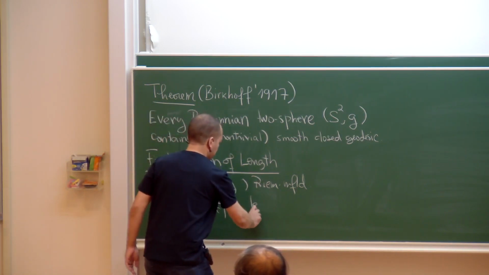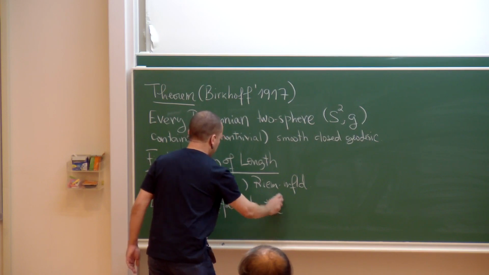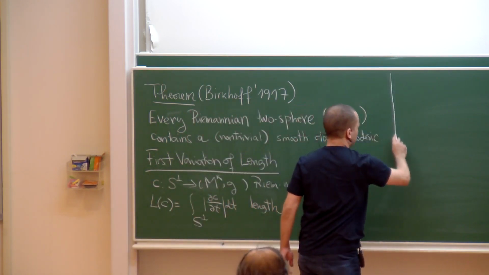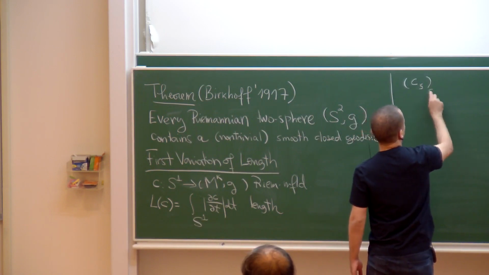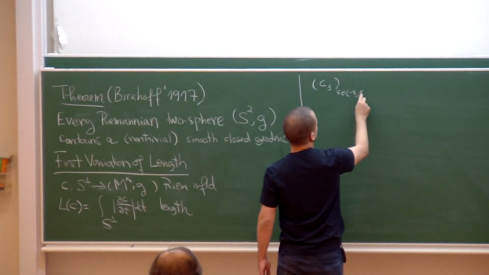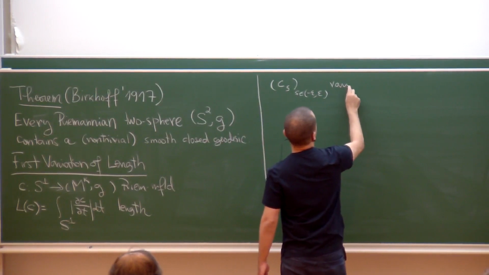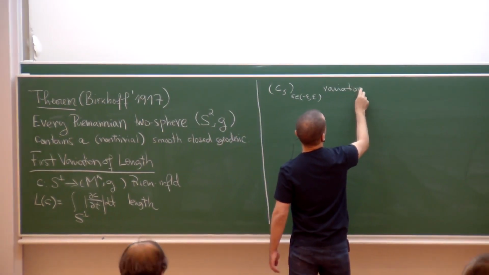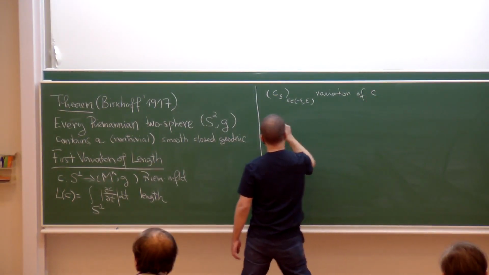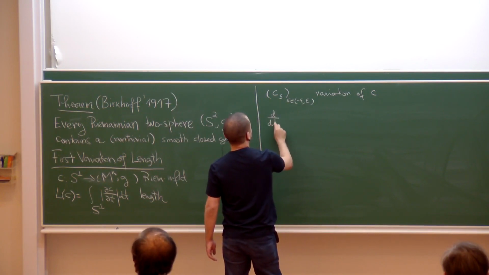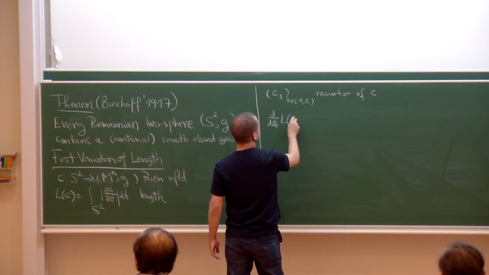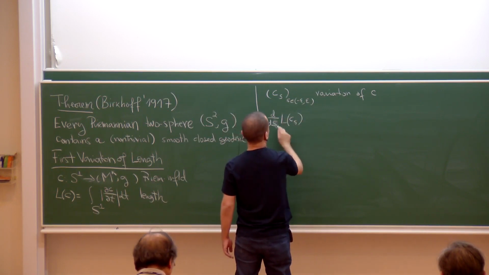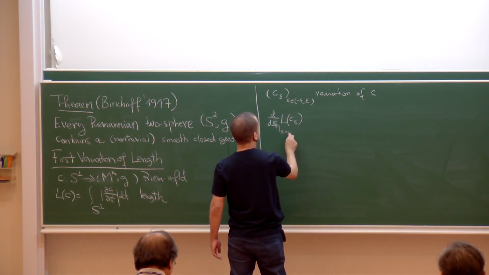And then if you vary the curve, if you give me a variation of my curve, then I can compute the first derivative with respect to s of the length, when s is equal to 0.